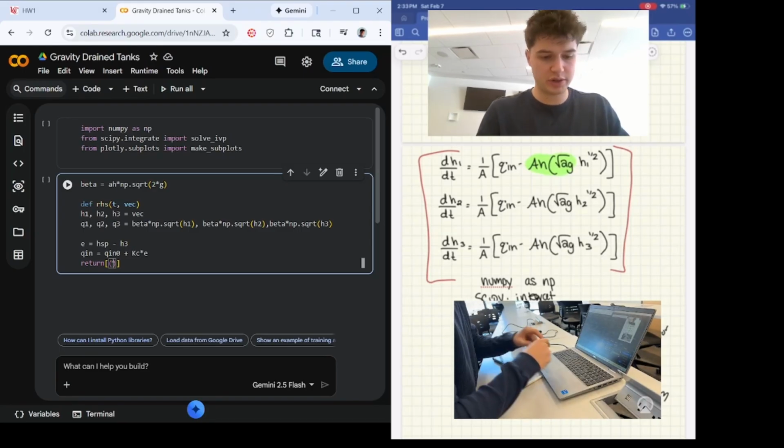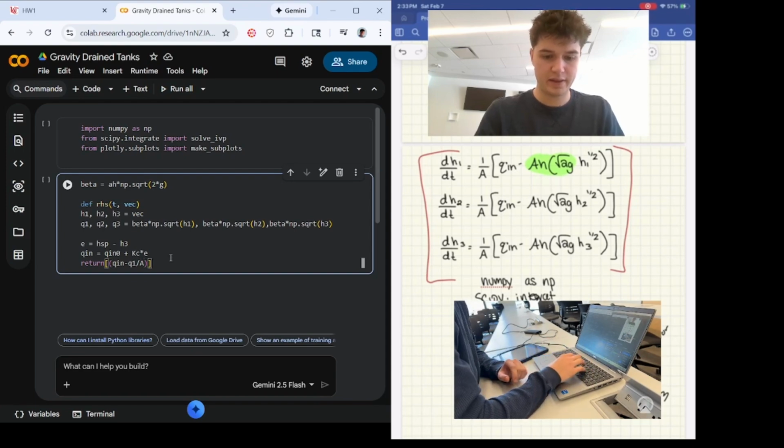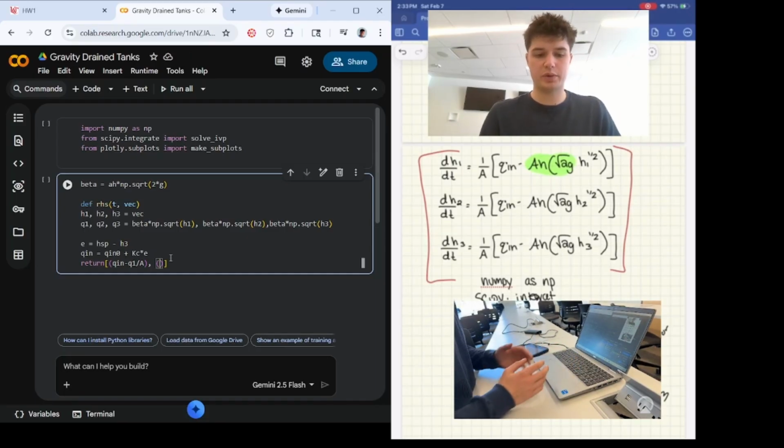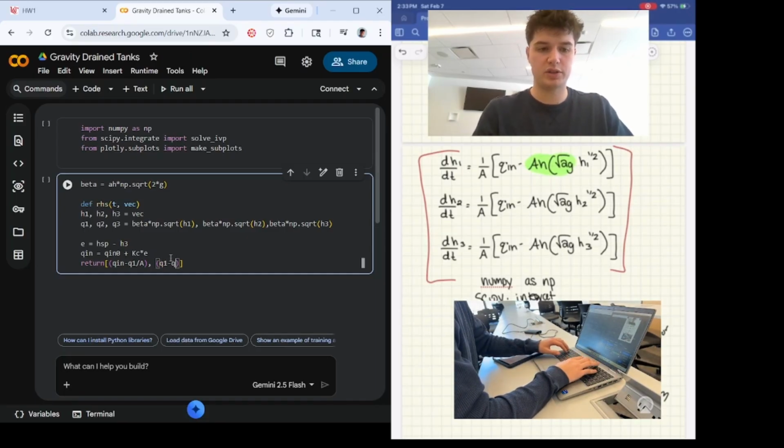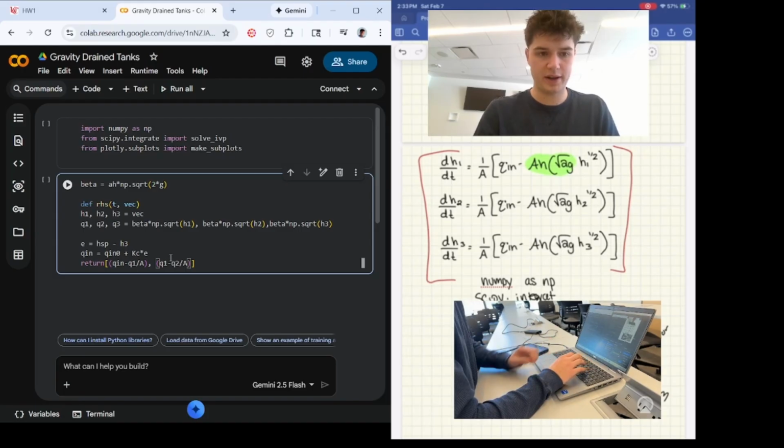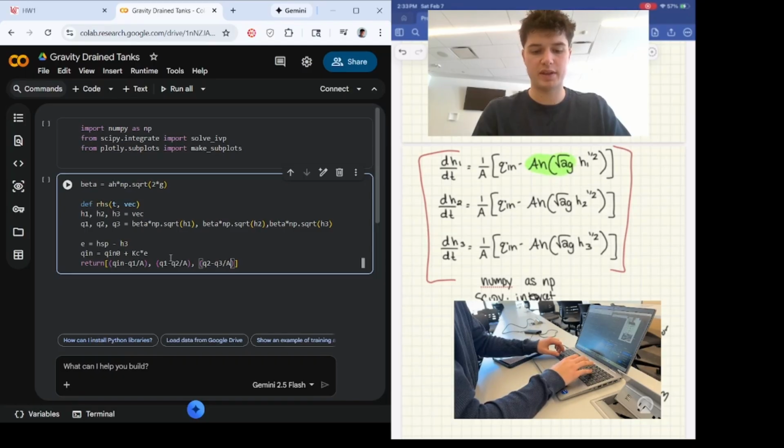So first we are going to have our Q in minus Q1 divided by the area. And then, moving down the line, Q1 minus Q2, divided by the area. And then finally, no comma there, you guessed it, Q2 minus Q3 divided by the area.